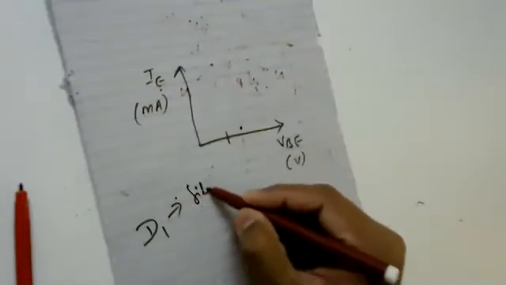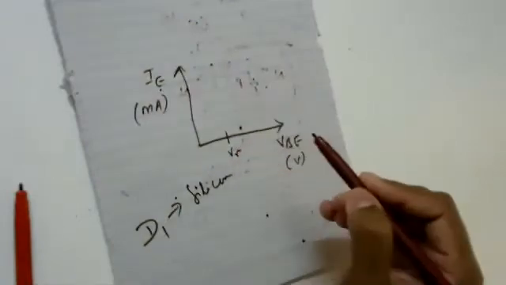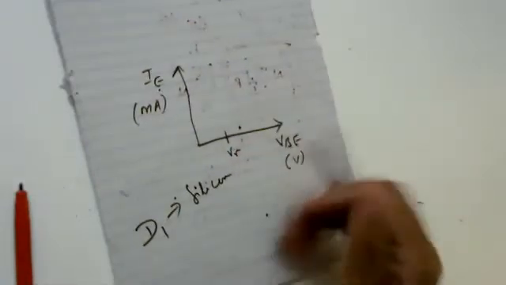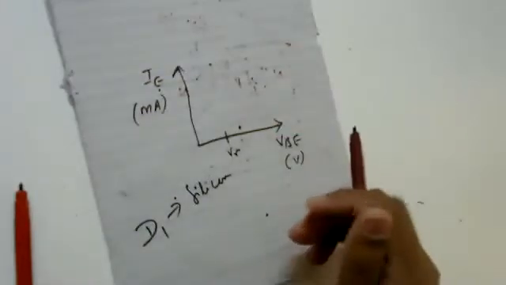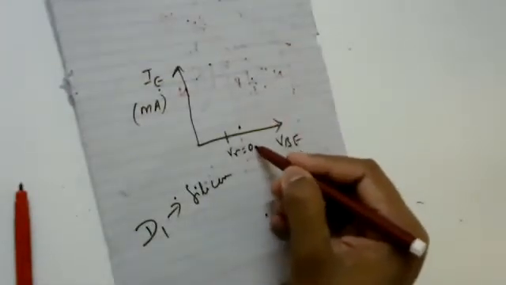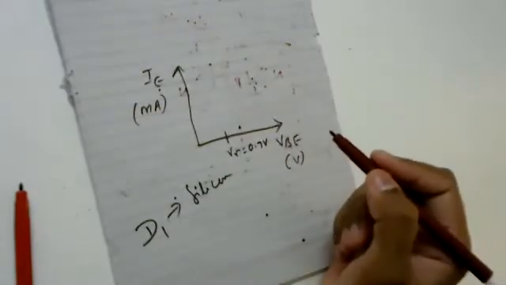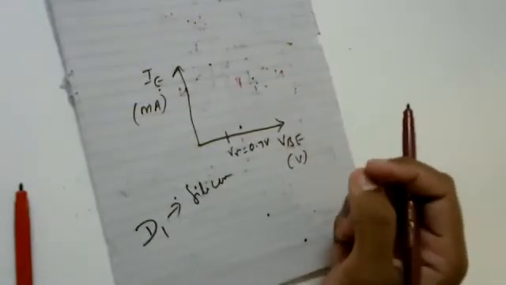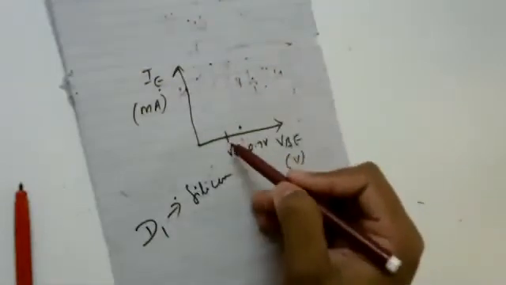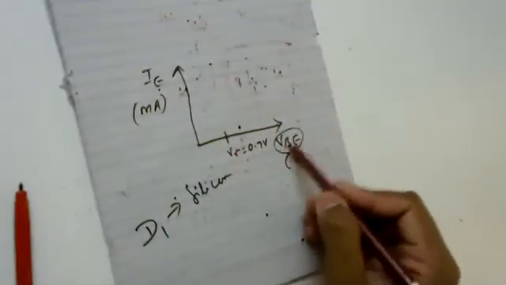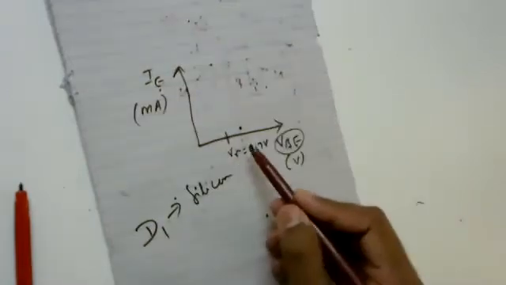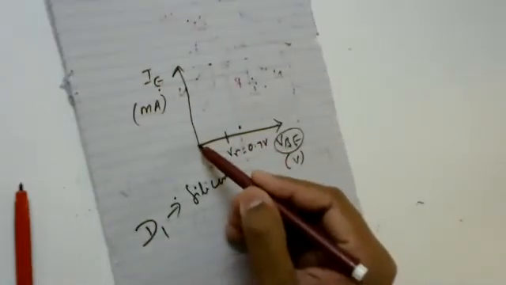When diode D1 is forward biased, I know the forward bias characteristics of the diode. Since this diode D1 is fabricated of silicon material, this V gamma, the junction voltage, barrier voltage, or forward breakdown voltage, whatever you want to call it, will be 0.7 volts. Until your input voltage VBE exceeds V gamma, there is a very small current which is going to flow.